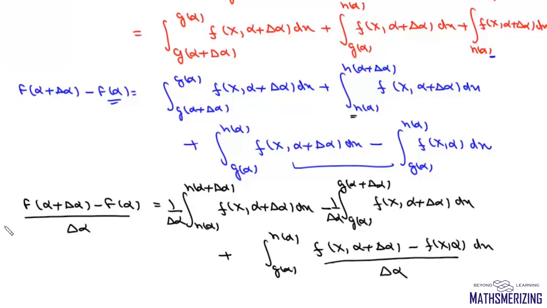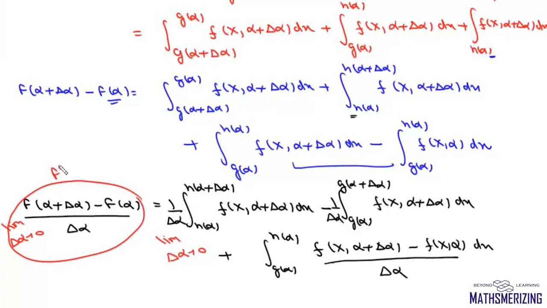Now what I'll also do is I'll take this limit delta alpha tends to 0. Now when the limit delta alpha tends to 0, then this expression is nothing but f dash alpha, that is the derivative of this integral function.